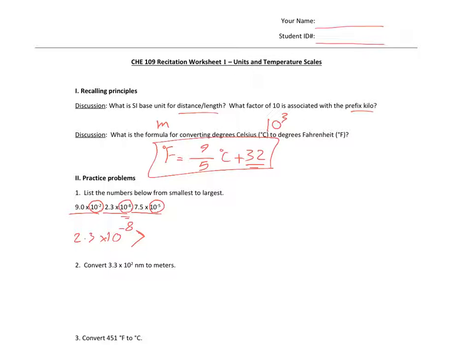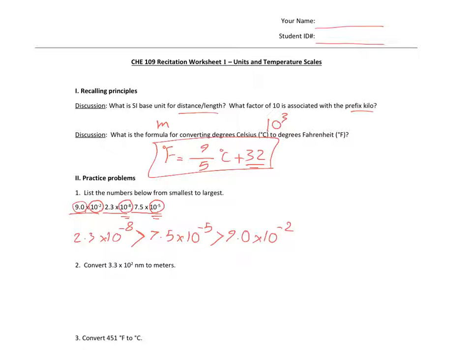Then we have negative 5 and negative 2, so 7.5 times 10 to negative 5 is smaller than the last one, 9.0 times 10 to negative 2. If we had 2 numbers with the same magnitude, like both of them were 10 to negative 2, then we have to look at this number, see which one is smaller.